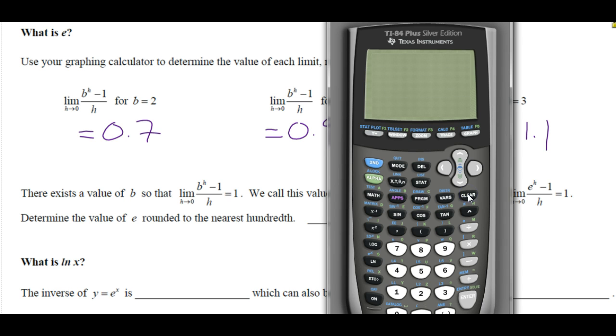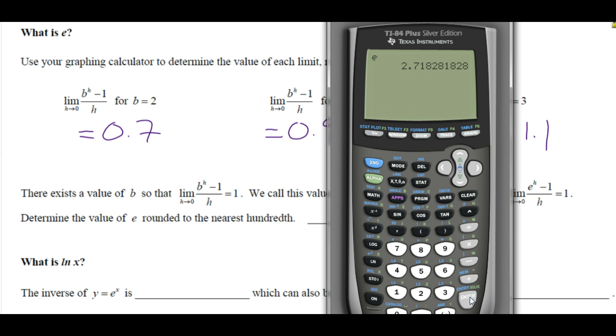So you can hit this, and it'll give you the value of e, which is 2.7182818245904523536, if you actually want to see that number. Okay, so to the nearest hundredth, it'd be 2.72.